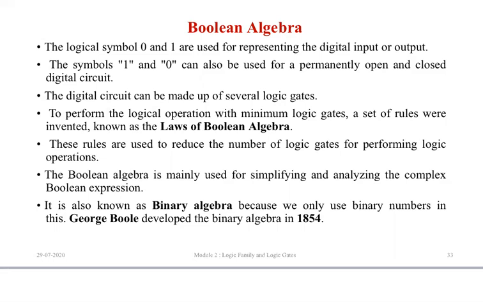So there is a certain set of rules which were invented. Those rules are called the laws of Boolean algebra. Why we basically use Boolean algebra is to reduce the number of logic gates for performing some operations. Okay, so it is used for simplifying and analyzing complex Boolean expressions.